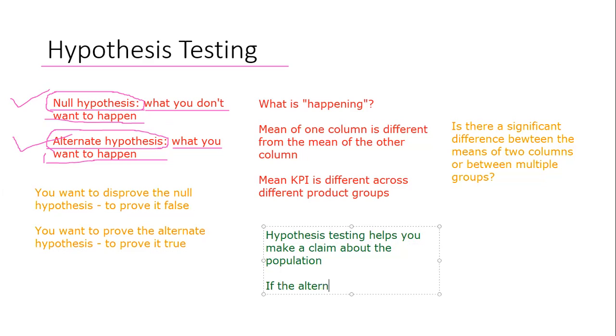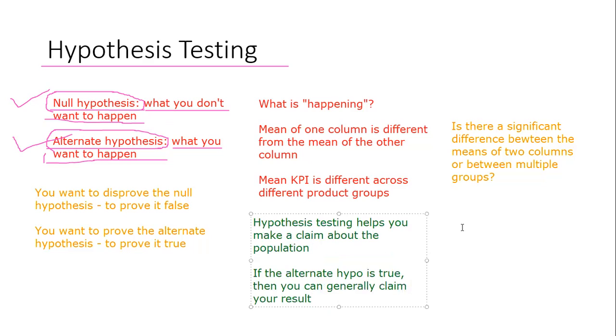If the alternate hypothesis is true, then you can generally claim your result. Is this thing okay? You need to be clear on these concepts. We have been talking about the fact that why we need to make a claim about the population. You understand why that is important, right?